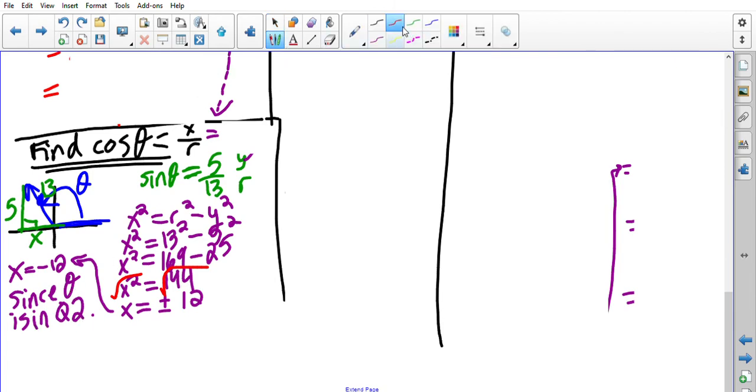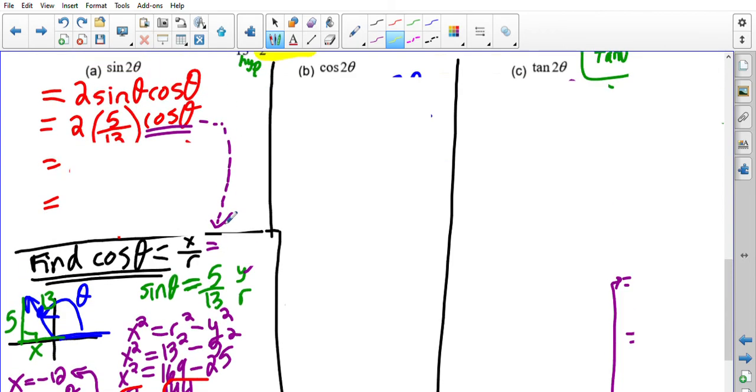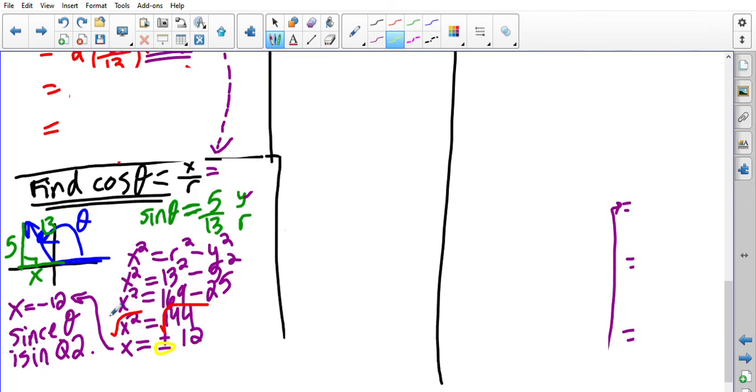Oh, my apologies, I circled the wrong one. It has to be the negative. That's why knowing what quadrant it is is very important, or else you might have picked the positive if you drew it in this quadrant over here. So that means we can answer x over r. Now we know cos theta is equal to negative 12 over the r value of 13.